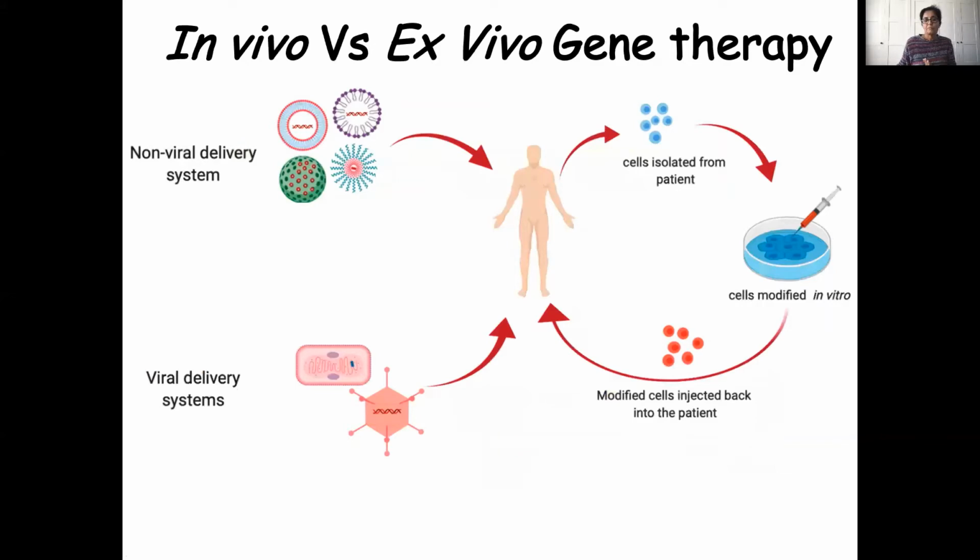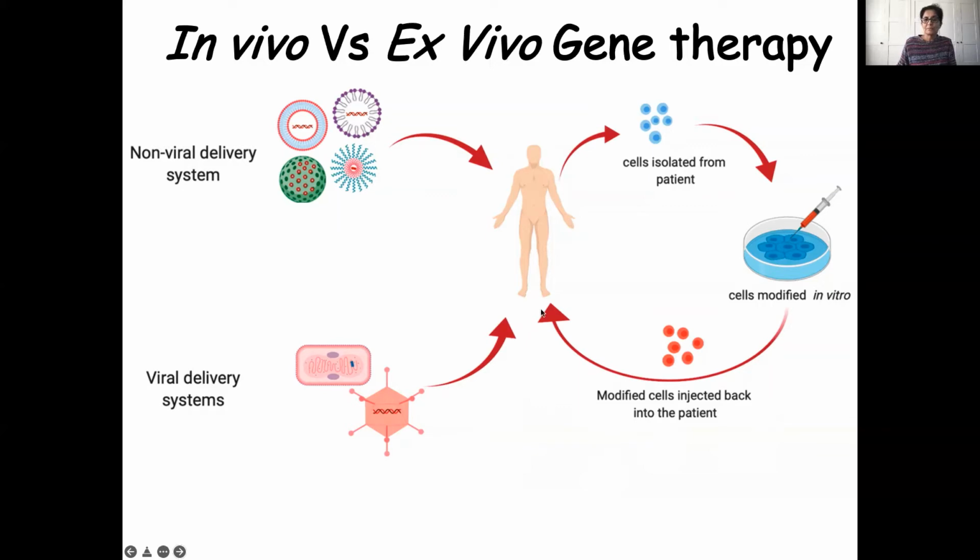There are two types of approaches that have been used. One is in vivo, where we put the gene that we want the body to have directly into the body. So we use different measures, and I'll talk about that in a minute. We put them directly into the body, and that is called in vivo gene therapy.